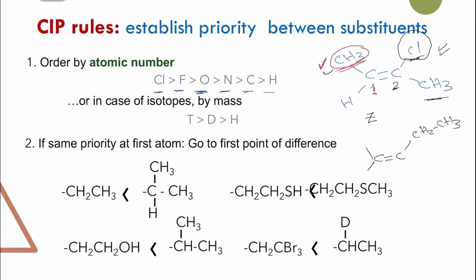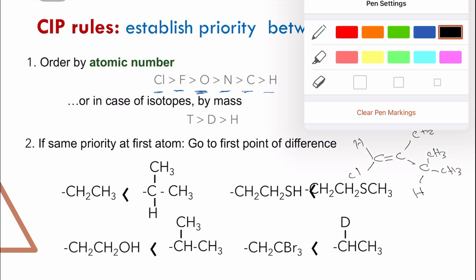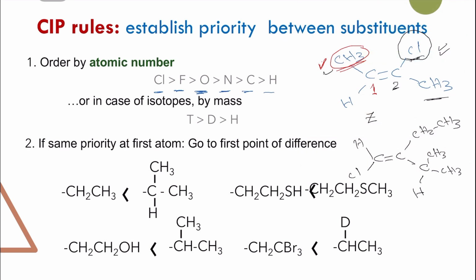Let's say this is a chloride and hydrogen. And then here I have CH3, CH3, and hydrogen.